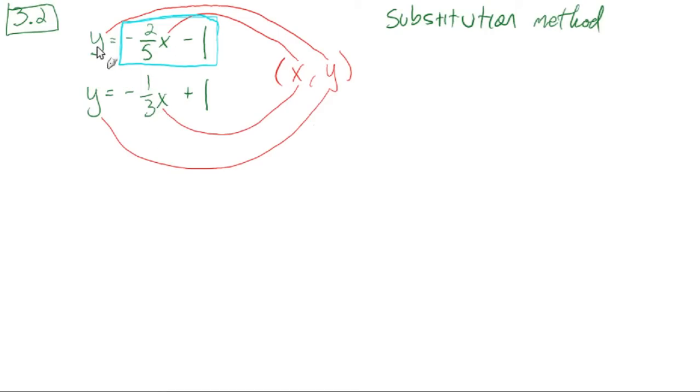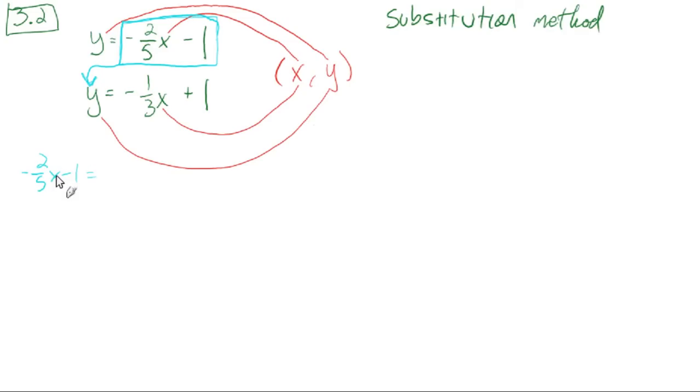So we can substitute this y with this y, right? We can take this stuff here and put it in for that y. And let's just stay with this light blue. So what we'll wind up with is negative 2/5 x minus 1.